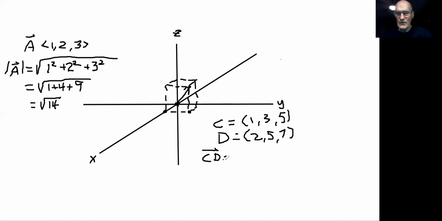So it equals, it's just x2 minus x1, so that's 2 minus 1. And it would be y2 minus y1, which is 5 minus 3. And then it would be z2 minus z1, which is 7 minus 5.